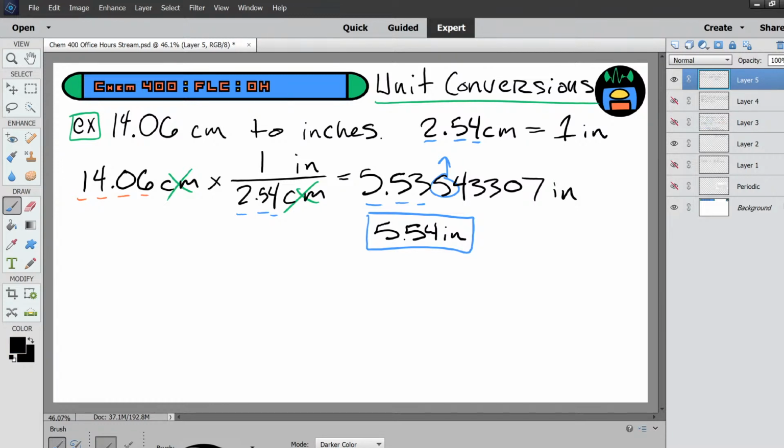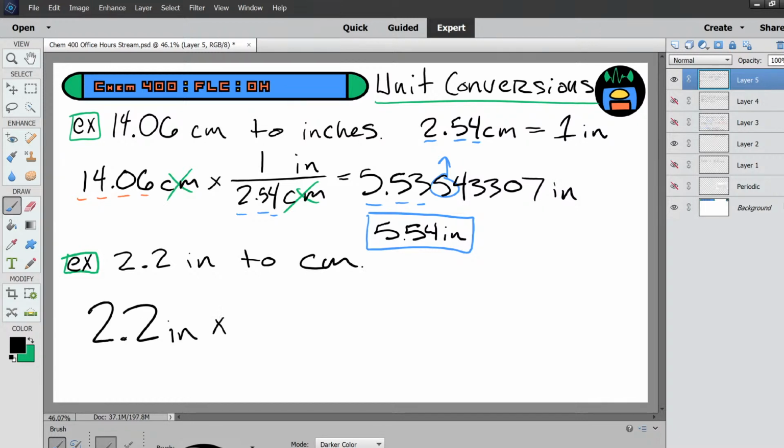Let's do a second example, where we want to convert 2.2 inches to centimeters. So we have 2.2 inches. We want inches to cancel, so that goes in the denominator.